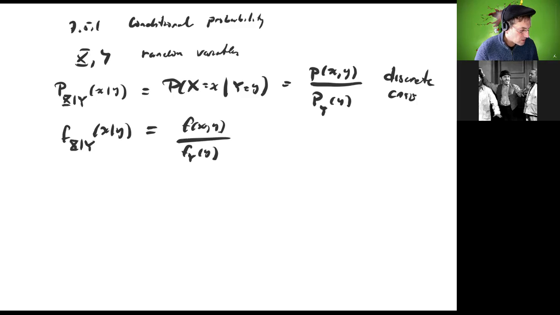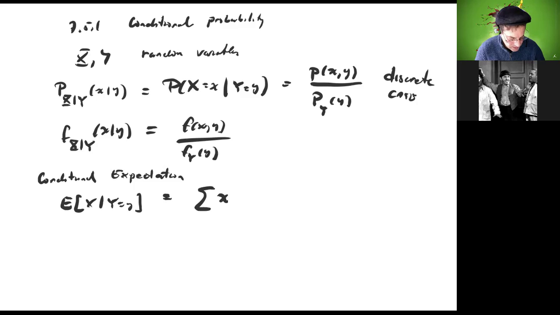And now what I want to talk about, what we did do, was conditional expectation. So we do it like this: the expected value of x given that y is equal to y. Well, this is the sum over all x's of x times the probability that x equals x conditioned on y equals y.